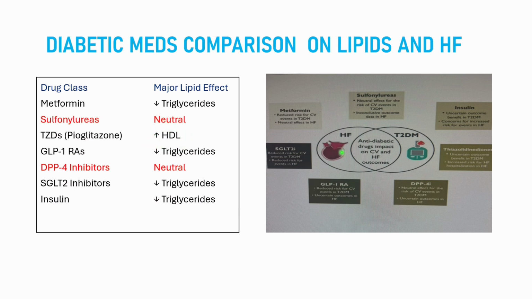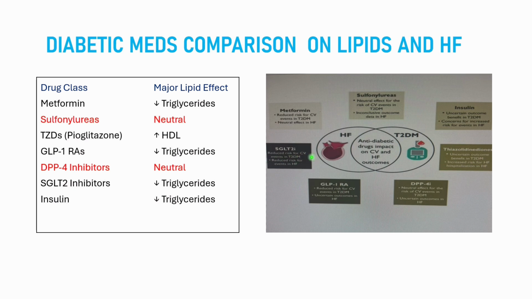Now we look at the heart failure. So you can see there are 7 medications. Out of this, only 3 will help in reducing the risk of CV events, which you can remember by MSG: metformin, SGLT2I, and GLP-1RA. Out of this, SGLT2 only helps in the heart failure.